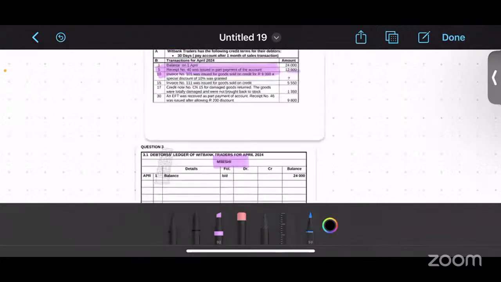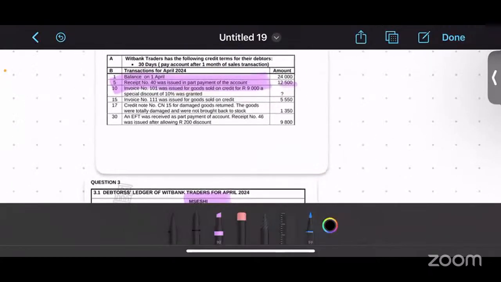Which is the one on the 5th, where we have a receipt number issued in payment of the account. What is that? What do we call that? How are we going to write it? Are we going to say receipt and we move on?